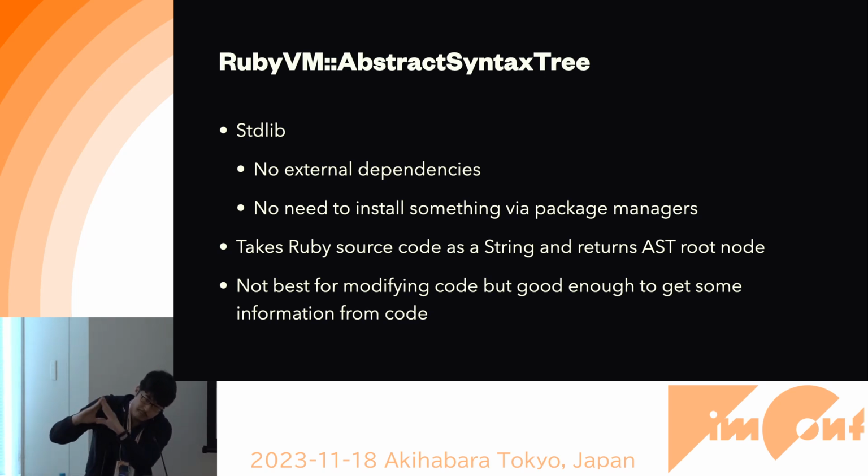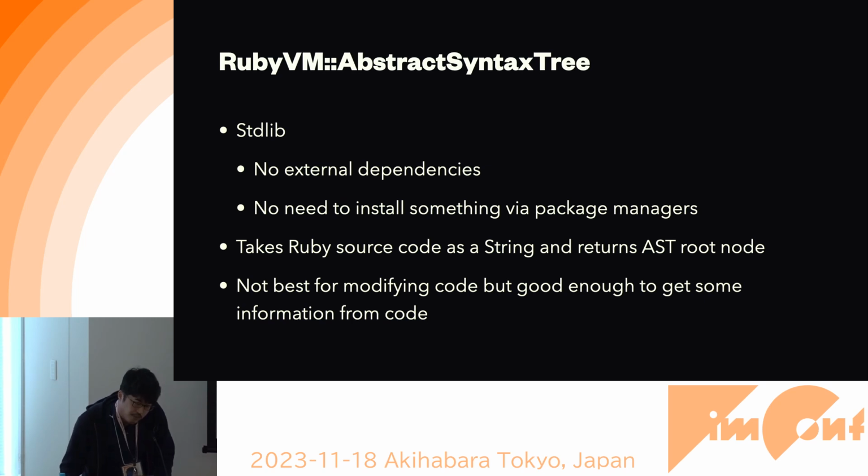So it's like a pyramid. At the top of the pyramid is a root node. And I think it's not the best tool for modifying code. For example, if you want to autocorrect, you have your linters, right? Robocop, a Python linter, a PHP linter, whatever, and it has an autocorrection feature.